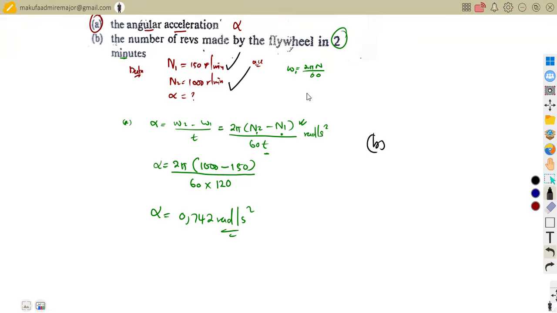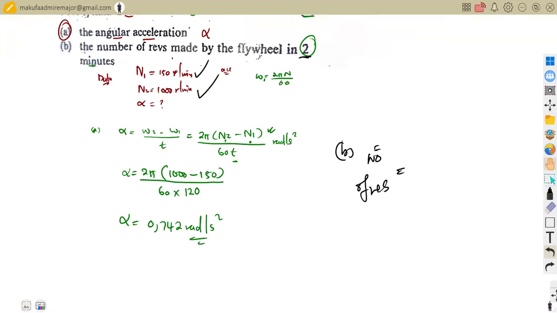So in a particular time in minutes, the number of revs is equivalent to the average speed times time.